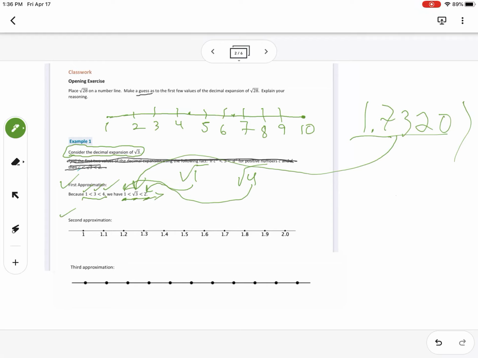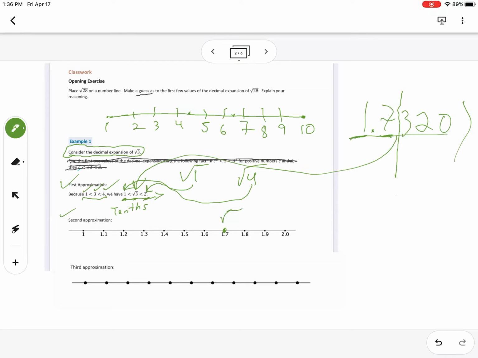Putting it on the second approximation, let's just say we were cutting it off at the tenths place, because this number line only goes to the tenths. Where would it go here? Well, looking at this, here's 1 whole, then 7 tenths, and if I cut the number off here, the answer to the square root of 3 would go exactly right here on this number line. I could put 1.7.